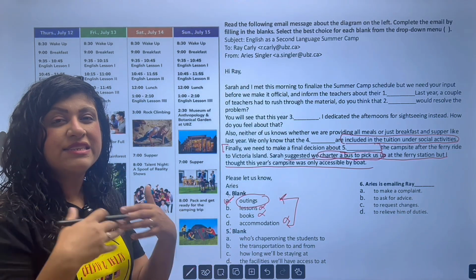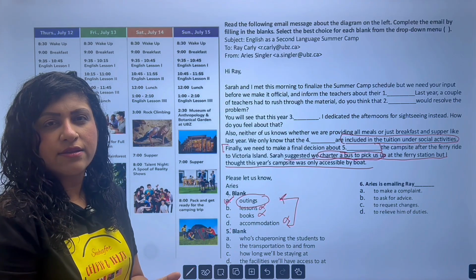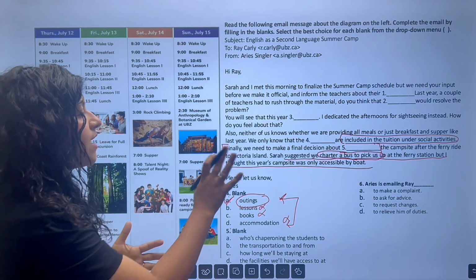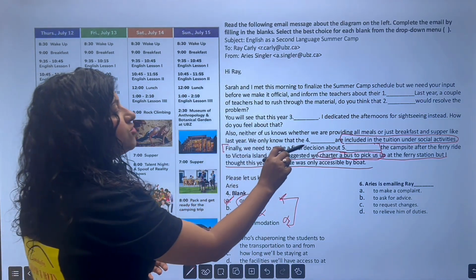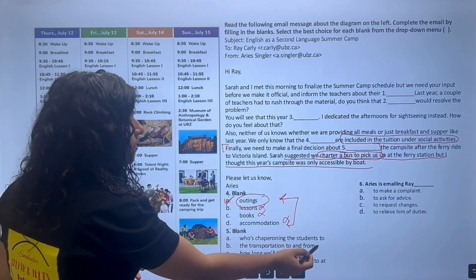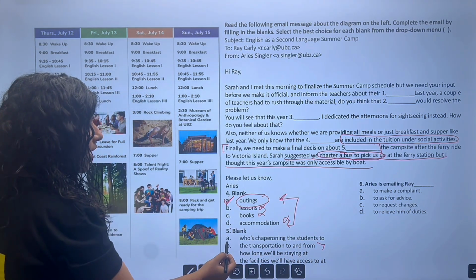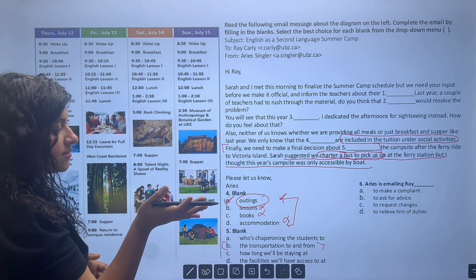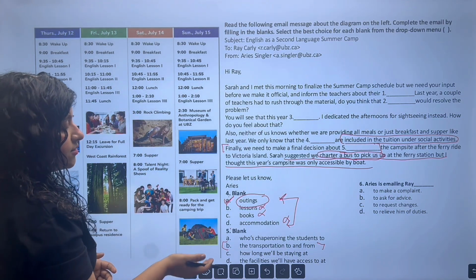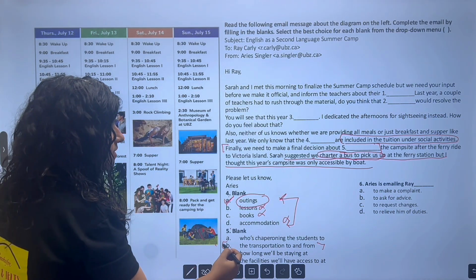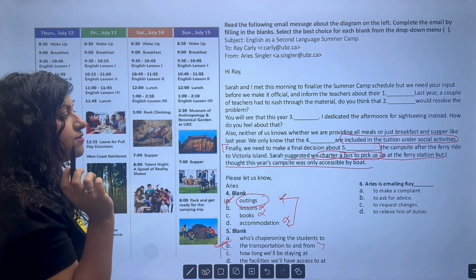That is why Sarah is suggesting in relation to that, right? So that would be, finally, we need to make a final decision about transportation to and from the campsite after the ferry ride to Victoria Island. So B would be the answer over here.